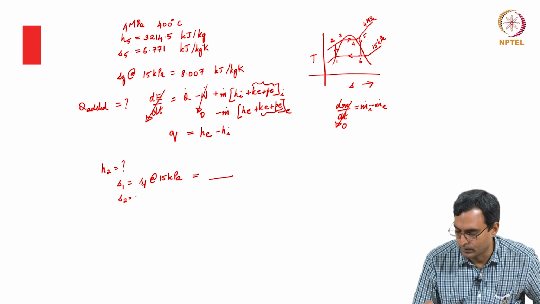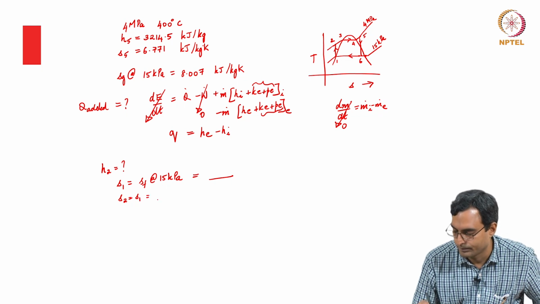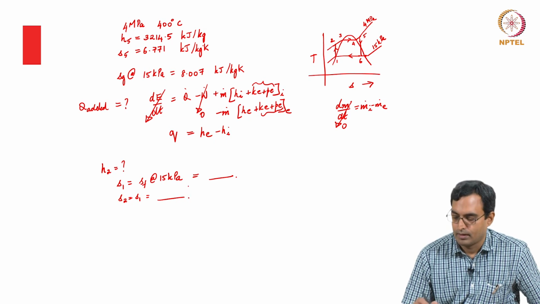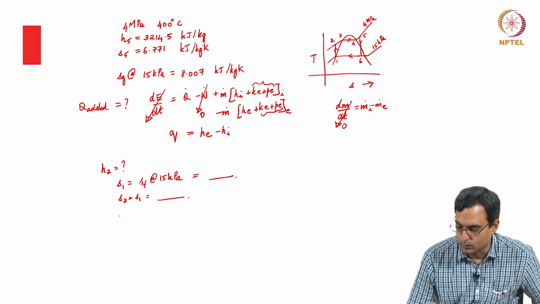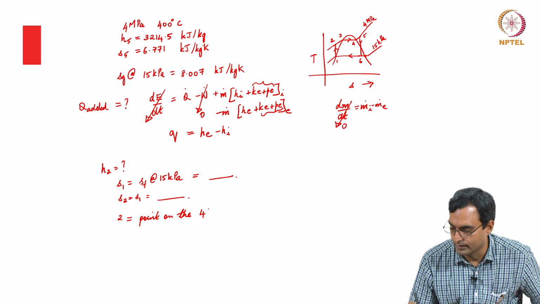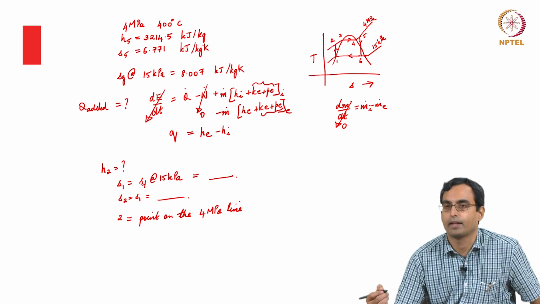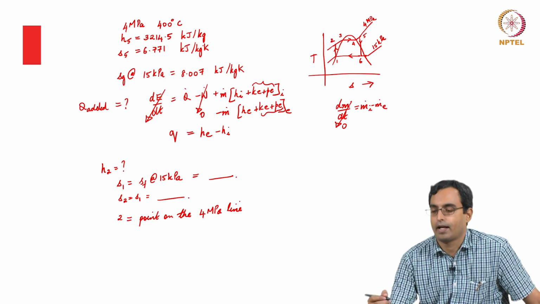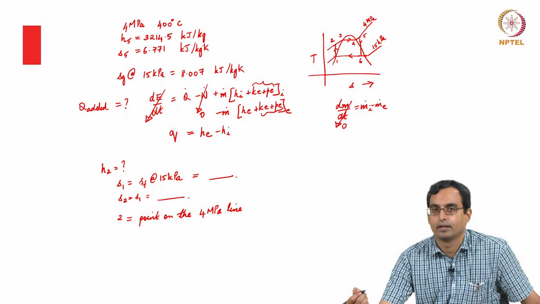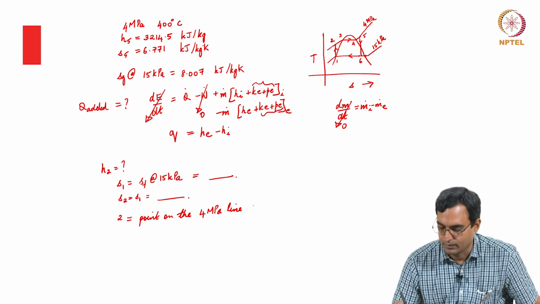S2 is equal to S1, which is the same value as this. The point 2 is a point on the 4 megapascal line, which has the same entropy as point 1. So, that is one way of finding it.